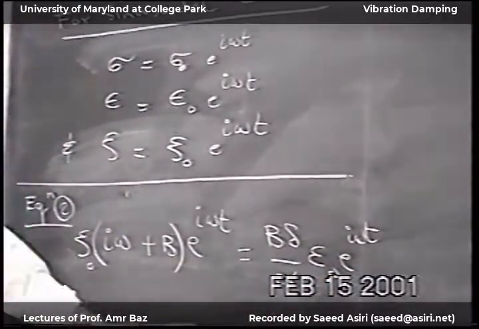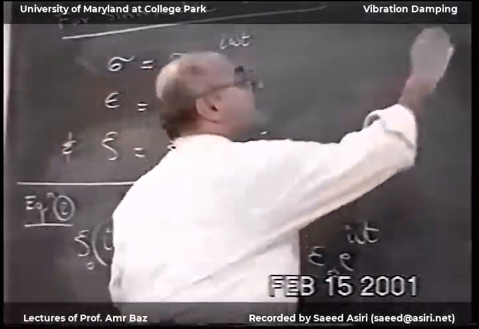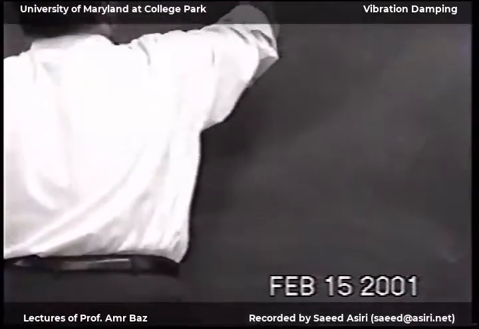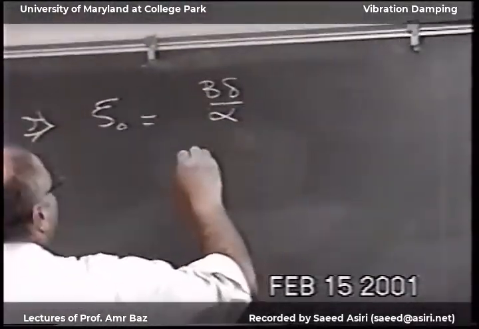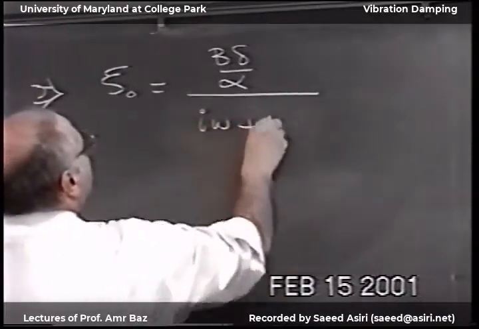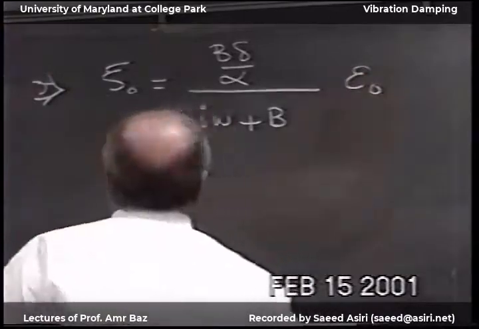And I'll cancel the e to the i omega t between these two. Then I can eliminate zeta naught and replace it by B delta over alpha, divided by (i omega plus B), times epsilon naught.